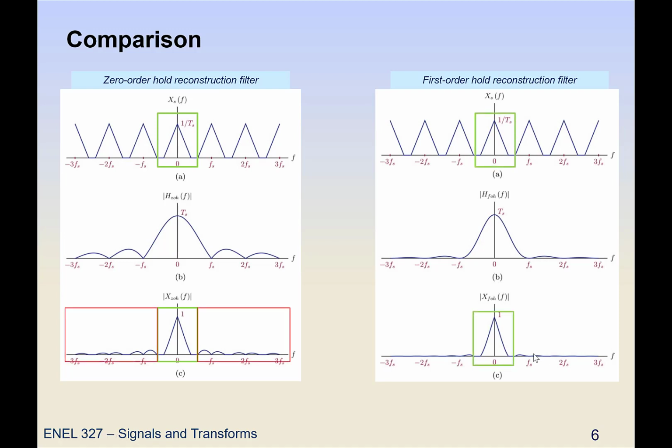But if you look at the ripples on the side of the reconstructed signal, in the zero order hold case those ripples are a fair bit larger than the ones in the first order hold. That means we have a worse reconstruction with zero order than with first order, which makes sense because it's the lowest order interpolation we could do.